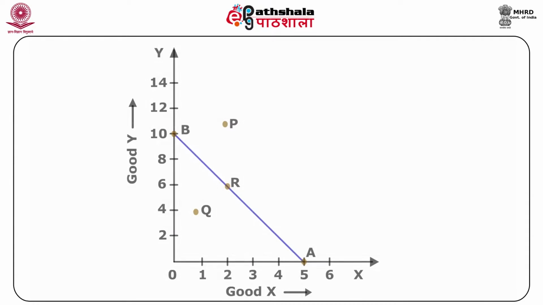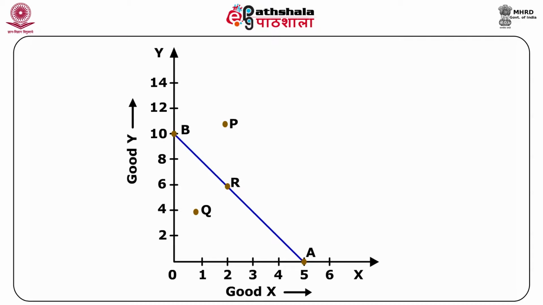Figure shows a graphical representation of a budget line for two commodities X and Y. Let us assume a consumer has an income of rupees 100 to spend on the two commodities. Let the market price of good X be rupees 20 and market price of good Y be rupees 10.